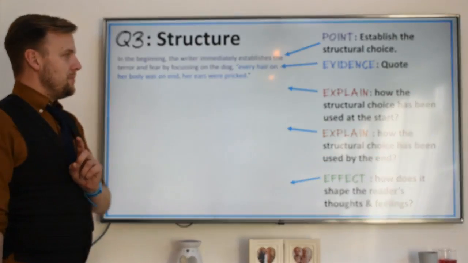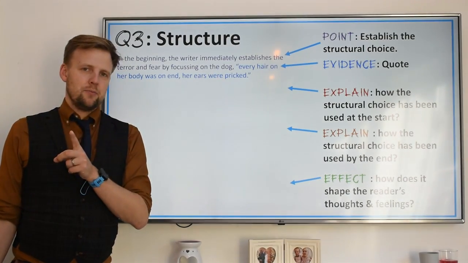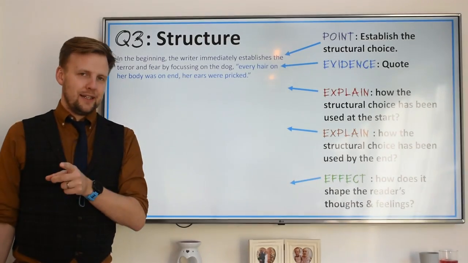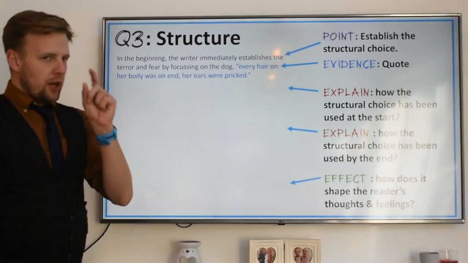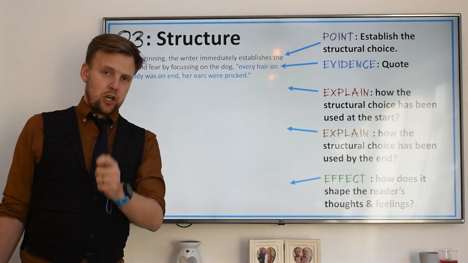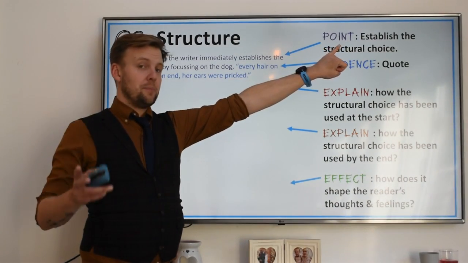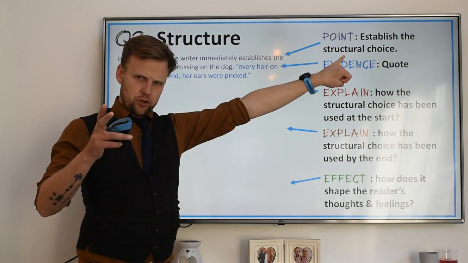Now, the writing bit is different. We are now not talking about layers. We're now not talking about focus effect links, okay? And although I've got my 2 steps, both steps follow the same structure. I make a point, same as question 2, where I establish the method, except in this case a structural method.